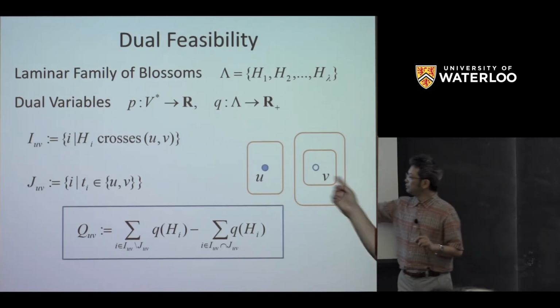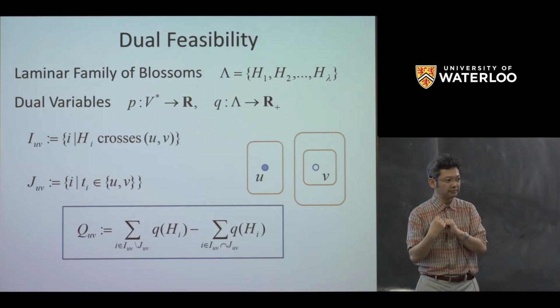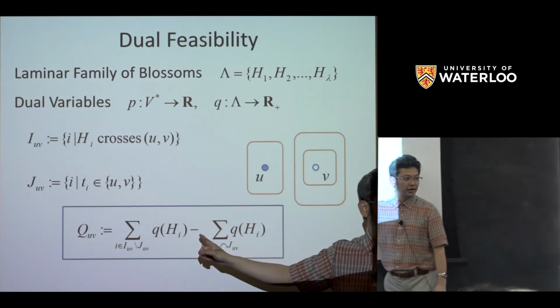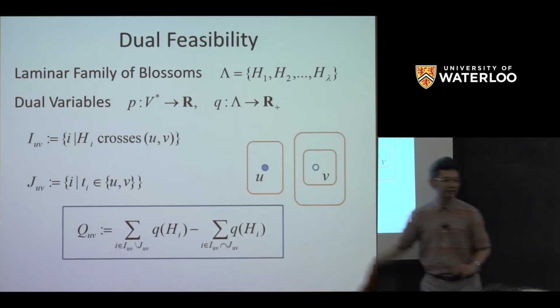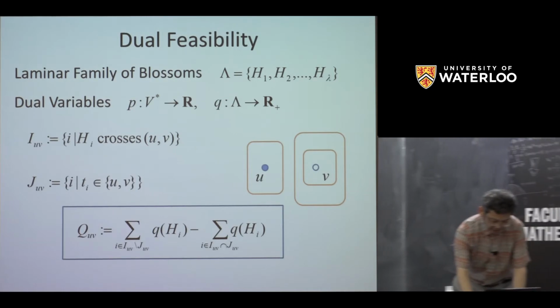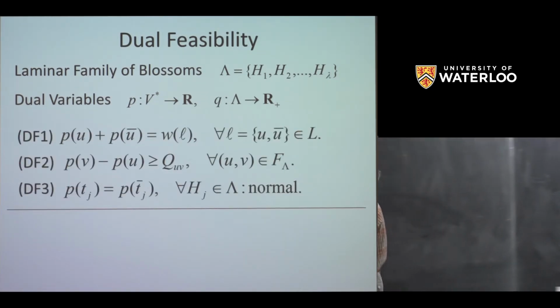However, if u or v is used as a tip of a blossom, then we negate that part; we take minus that part. That's somehow a bit non-trivial trick. Anyway, based on that, we introduce this dual feasibility like this.